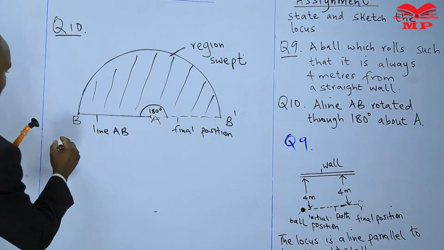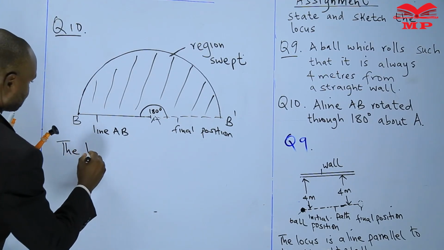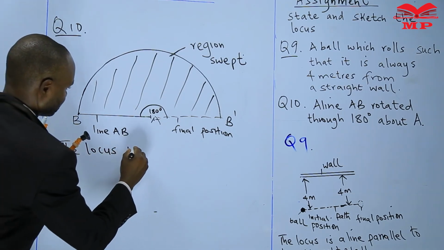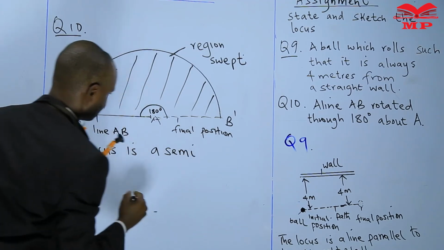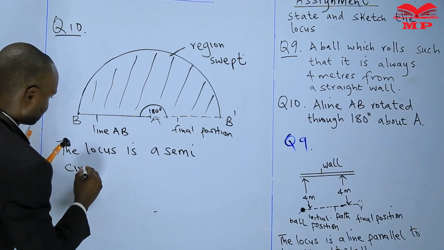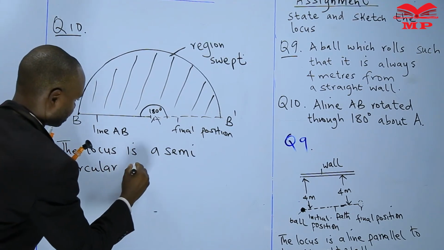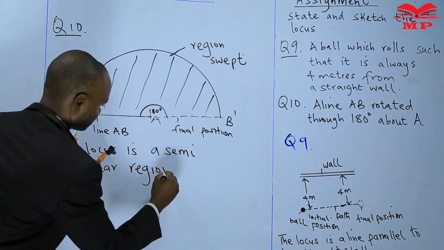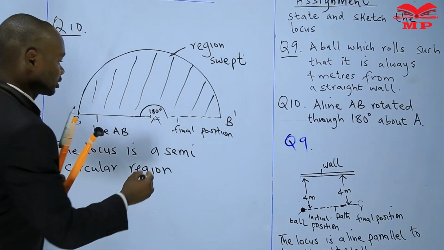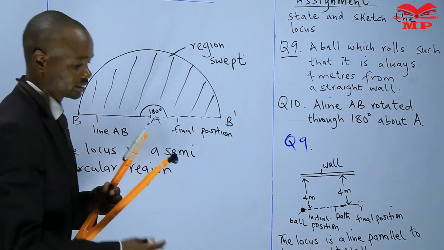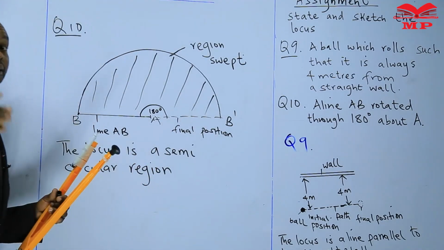So the locus is a semicircular region. Be very careful: when you talk of a region, you are talking of an area. So the locus is a semicircular region.